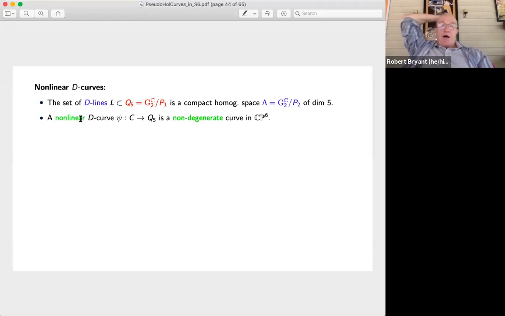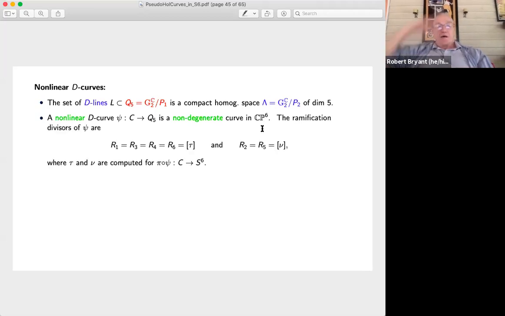And as I was saying earlier, if you have a nonlinear D curve in Q5, then it's actually non-degenerate in CP6. That is, it can't lie in a CP5. And as a result, you have all the Plücker relations.